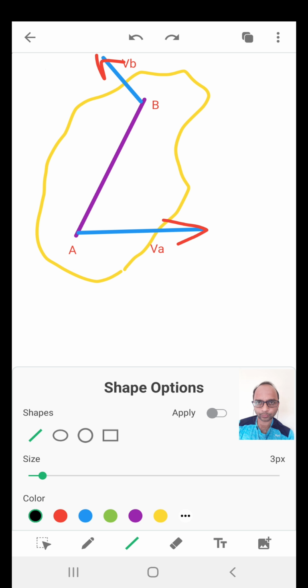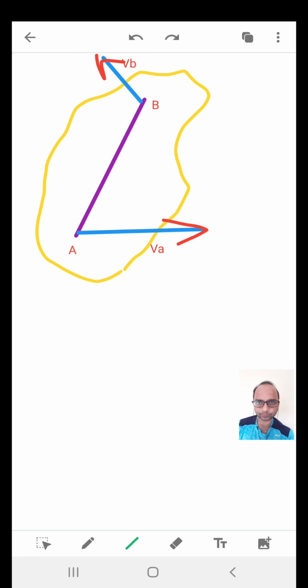the line VA. Okay, so this is a parallel line we have drawn.